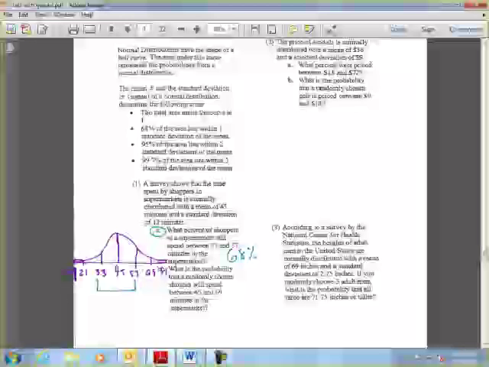Part B, what is the probability that a randomly selected shopper will spend between 45 and 69 minutes? So then we're looking at this section over here. Well, 69 is how many standard deviations away? 2, but only in one direction from the middle, and it's still centered around the middle there.